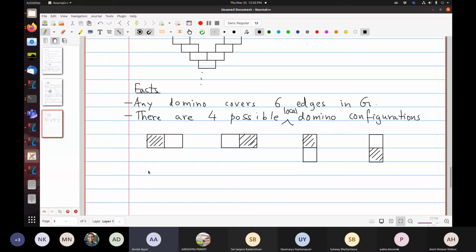So in all 4 cases, three edges covered will be positive and 3 will be negative as we traverse the boundary.